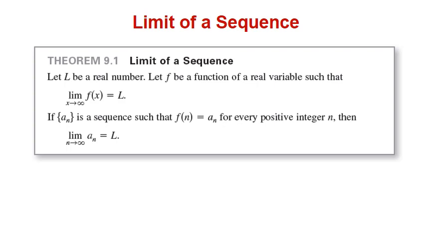So the first one is the limit of a sequence, and basically I talked about that. Basically, if I want to find the limit of a function, it's just like finding a limit of a sequence. And I'll show you some examples of these, and I think it will make a bit more sense.